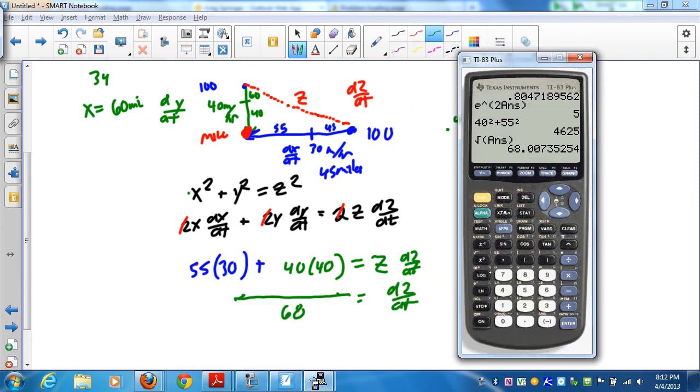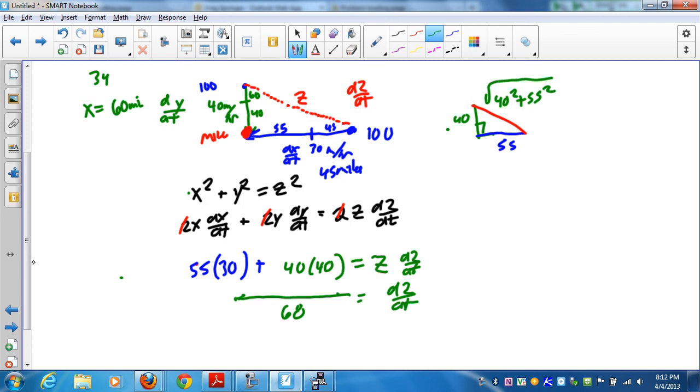And if you crank out that calculation, plus 40 times 40, and divide that by 68, and it looks like we got an answer. Okay.